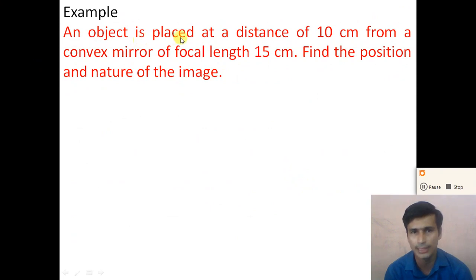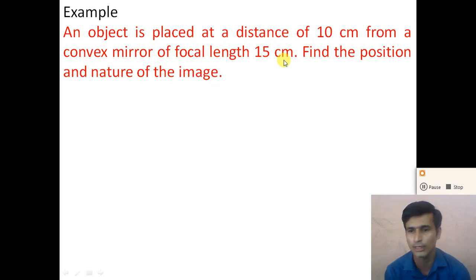An object is placed at a distance 10 centimeter from a convex mirror. The mirror given to you is a convex mirror, right? The object distance u is equal to 10 centimeter, but we take object distance as minus. So object distance u is equal to minus 10 centimeter from a convex mirror of focal length 15 centimeter.